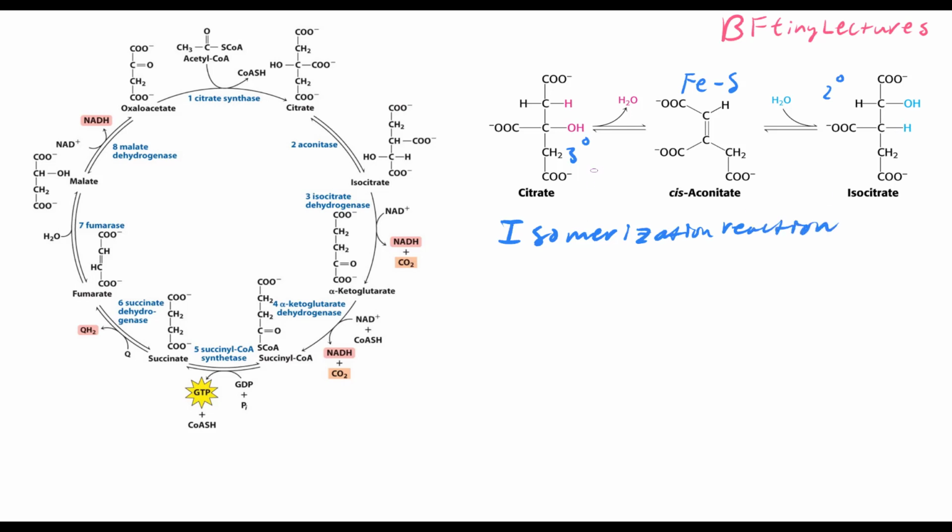Did we use water to cut any bonds? Did we do that? No. So we can say that this is a non-hydrolytic reaction. Essentially, we isomerized citrate into isocitrate so that it could be further oxidized, right?